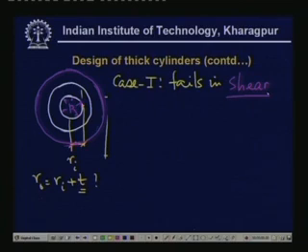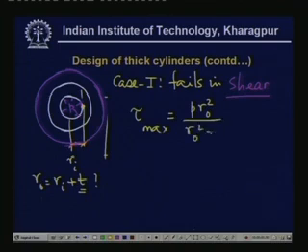Then let us see what is the maximum shear stress. The tau max, we have seen that maximum shear stress occurs at the inner boundary, and that is equal to P Ro square divided by Ro square minus Ri square. And in order to have a safe design, this must be less than tau allowable.